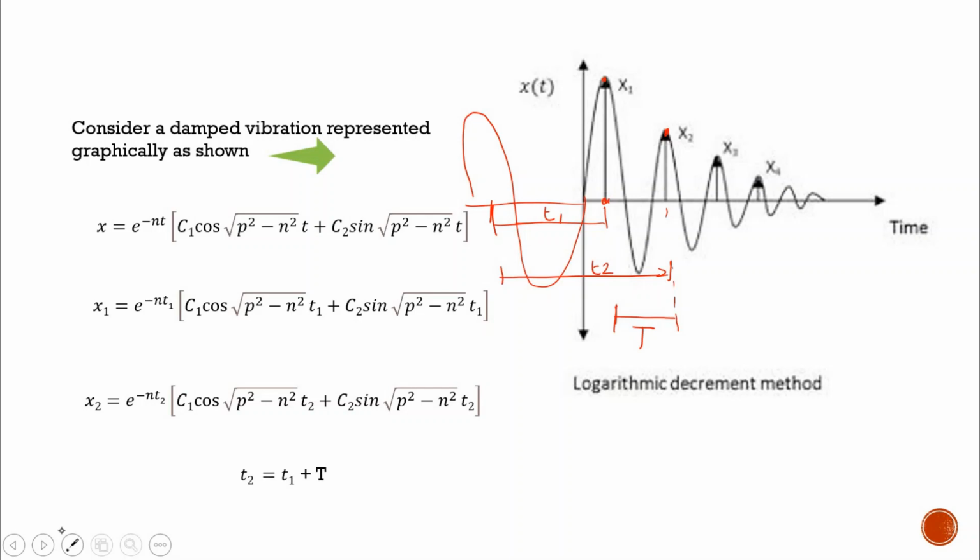Now we can see from this figure t2 is equal to t1 plus time period, t2 equal to t1 plus T. For a damped free vibration, the time period is calculated using the equation T is equal to 2 pi by root of p square minus n square.